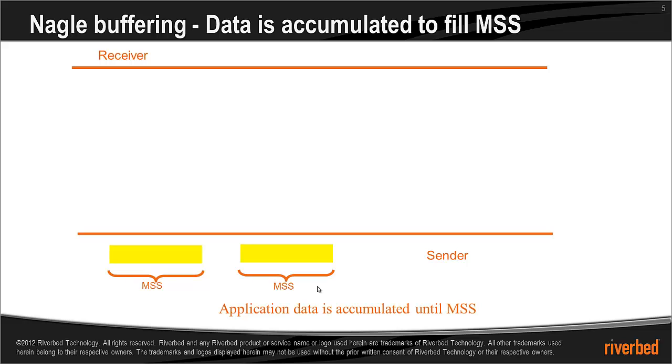This is a buffering example, and what's important here to notice is that you have the sender on the bottom, receiver on the top, and this yellow space here represents the full packet size, or more correctly, the MSS, the maximum segment size. Okay, so let's take a look at what happens. The data is being streamed.